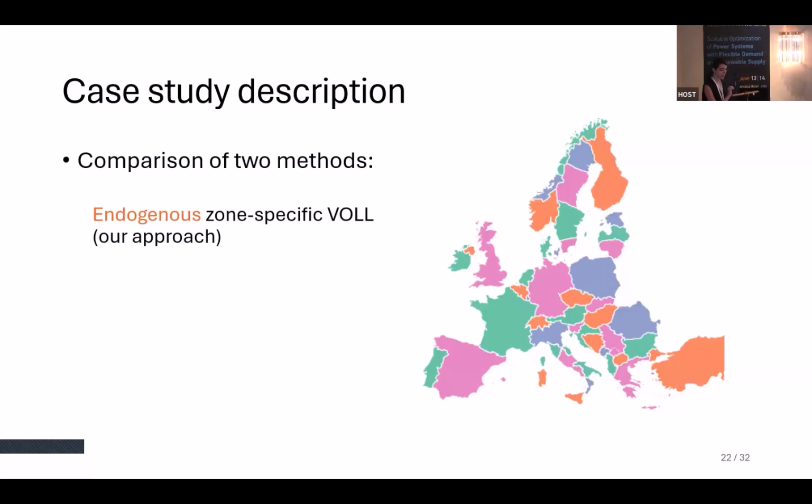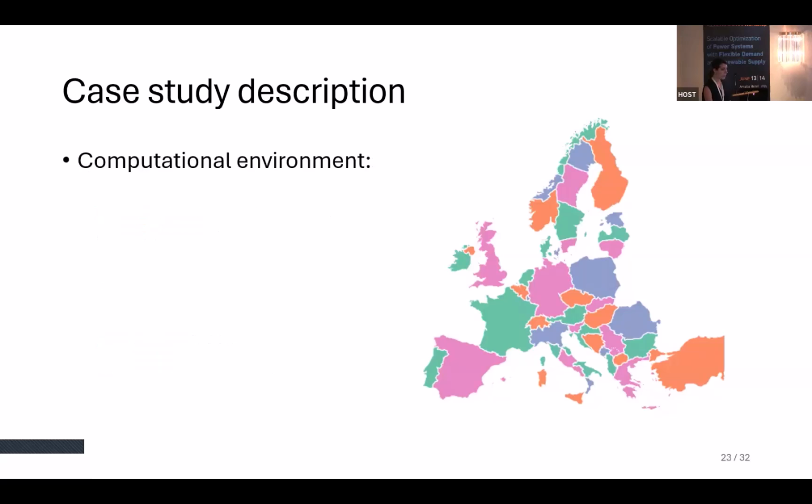So we will compare this to having a standard uniform for all regions value of lost load at 50,000 euros per megawatt hour. This is actually the VoLL used for the ERA 2021. So we will be comparing the two and see what is the investment plan that they both yield.